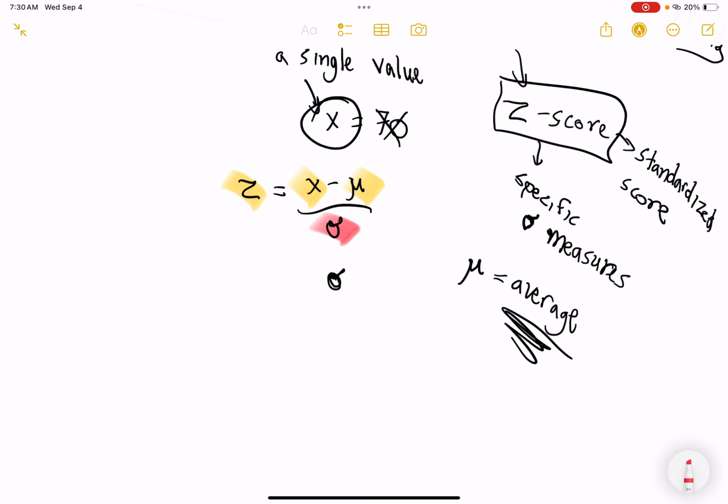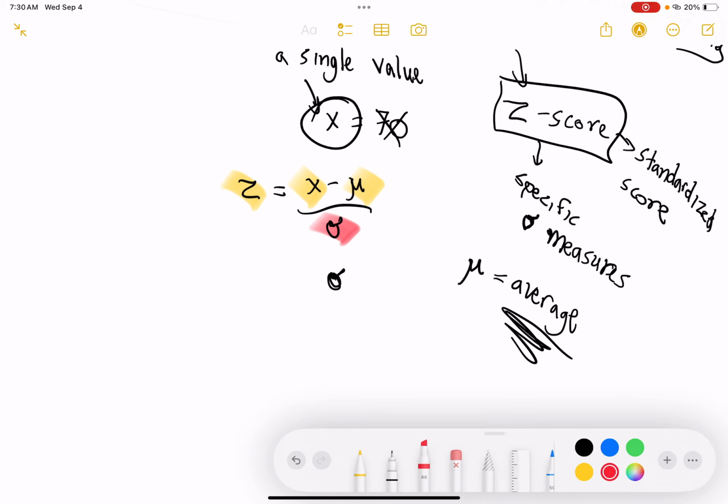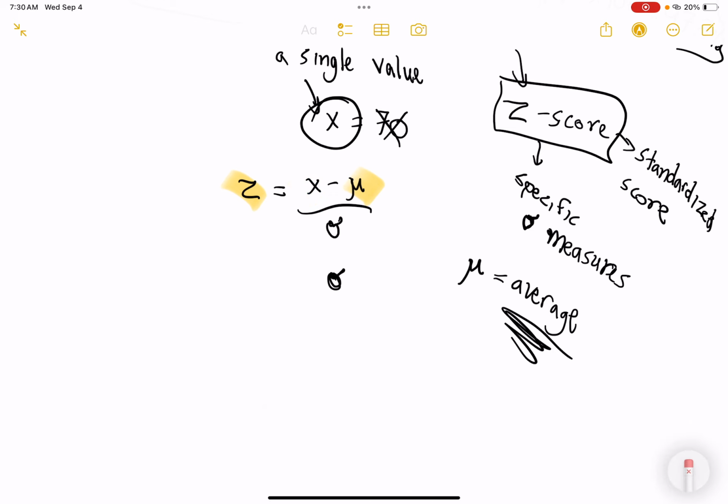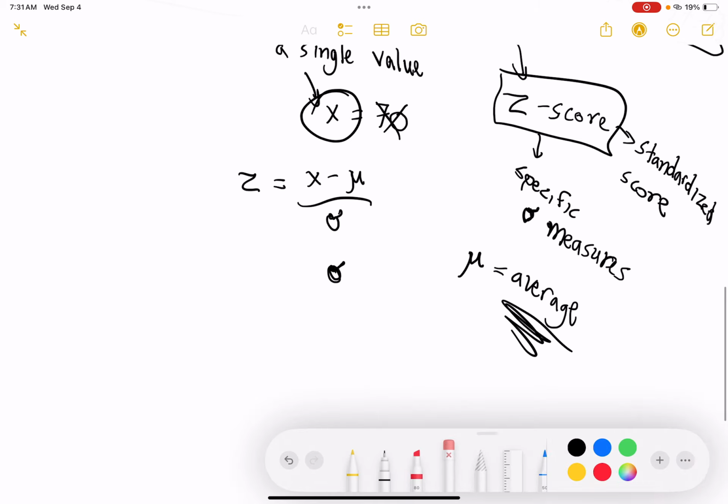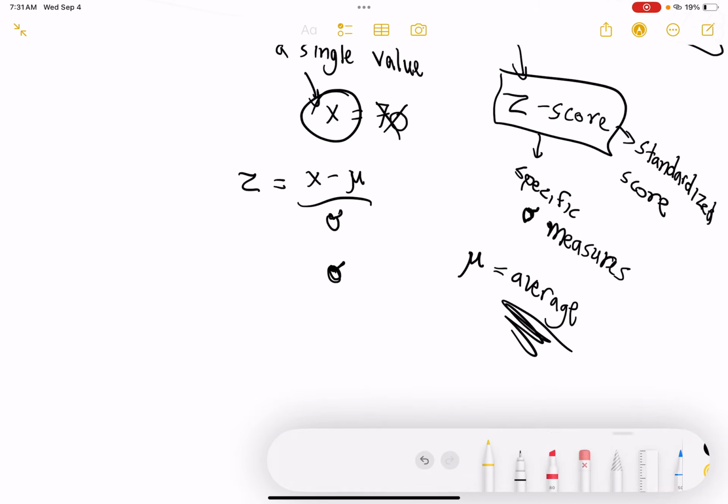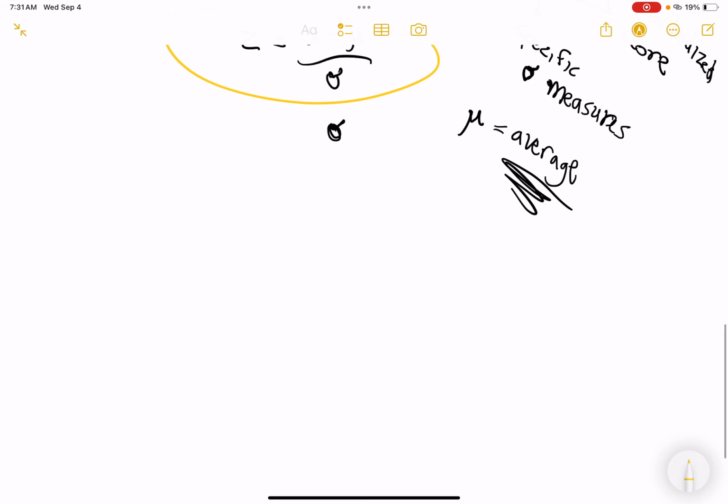It all varies, but basically you could get any 3 of these 4 values and find the 4th one. You'll need to be able to algebraically work that out and then use your calculator to solve it. Okay, so hopefully we're feeling pretty confident about this equation, what it means and how we use it.